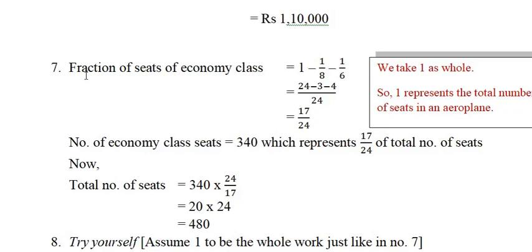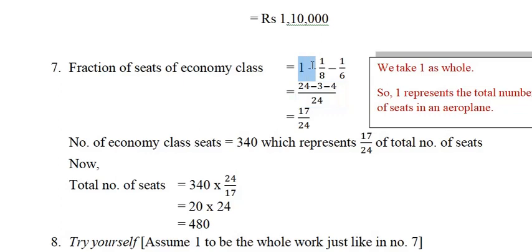Which is your executive business class, and 1 by 6 is the normal business class of the total number of seats. Similarly we have to take out the fraction of economy class also. So first we write the fraction of seats of economy class equals to 1, because 1 represents the total or the whole.